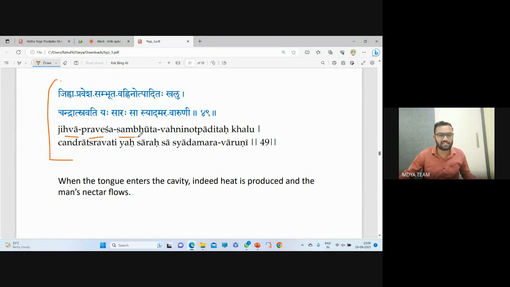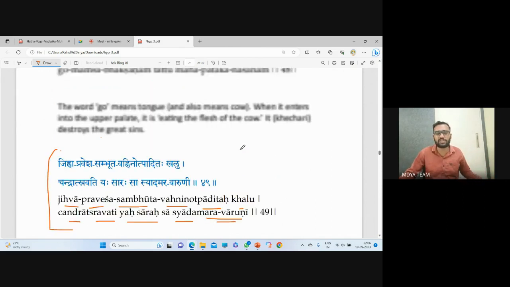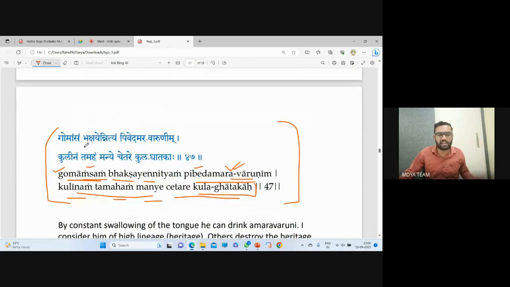Jivya pravesa sambhuta vahani utpaditah khalu, chandrat sravati yah saarah syad amravaruni. Yes, Gomas Bhakshan we have understood in the previous sloka, and this sloka is about the Amravaruni, because previously Swatmaramji was telling that two things are important.